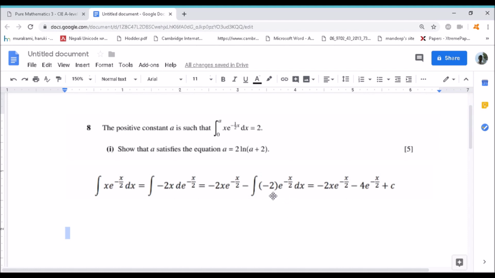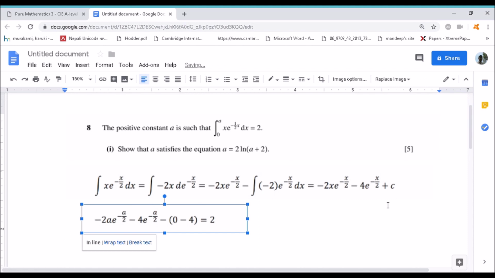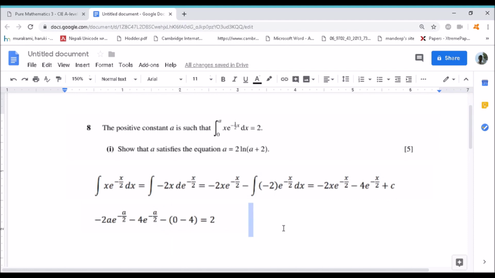So minus 2 times minus 2 will be plus 4 e^(-x/2), and with the minus sign in front it becomes -2x e^(-x/2) - 4e^(-x/2) + c. Now we have to replace x by a and 0, so we get -2a e^(-a/2) - 4e^(-a/2) - (0 - 4) = 2.